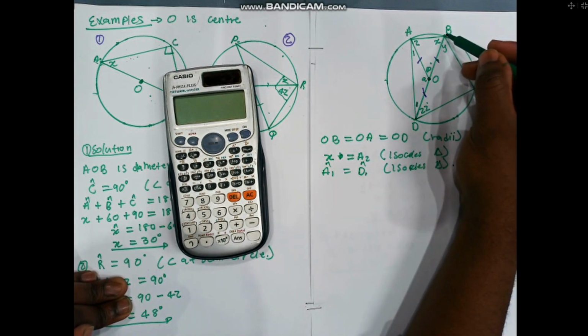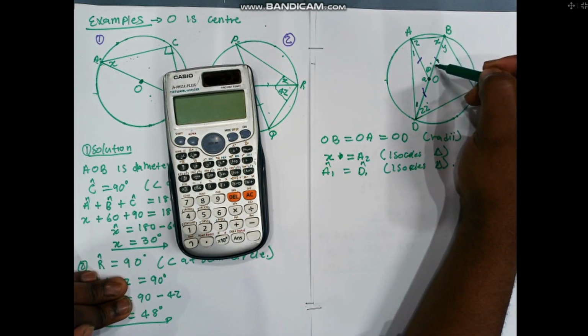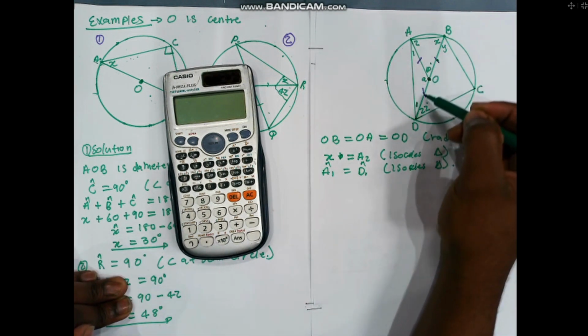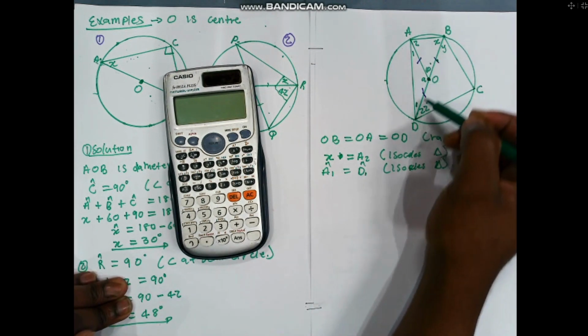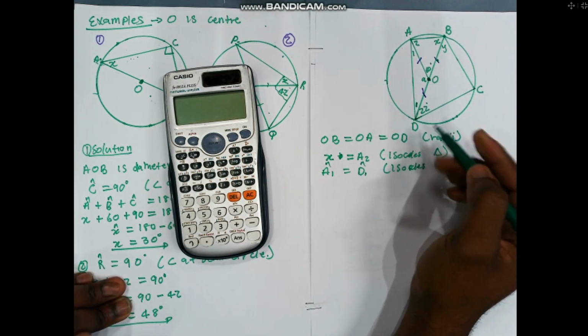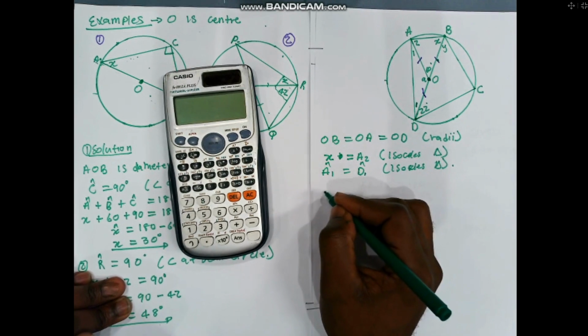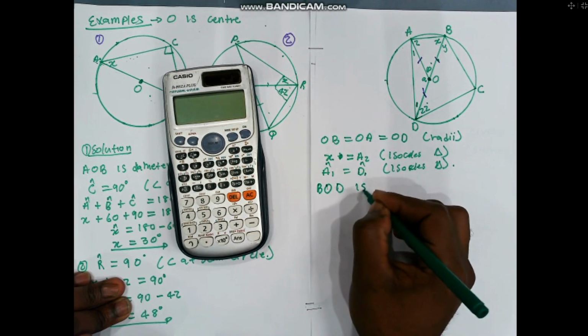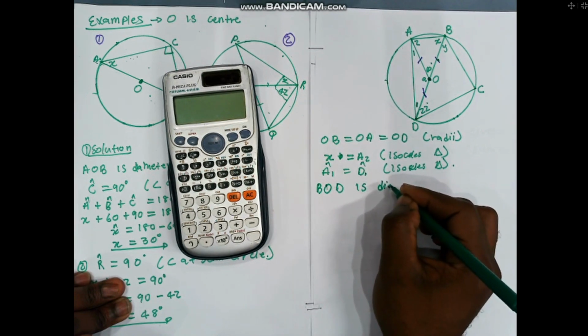Then OB and OD, they are passing through a center. Both of these radii are passing through a center, which is O. That means OB, OD is a diameter.